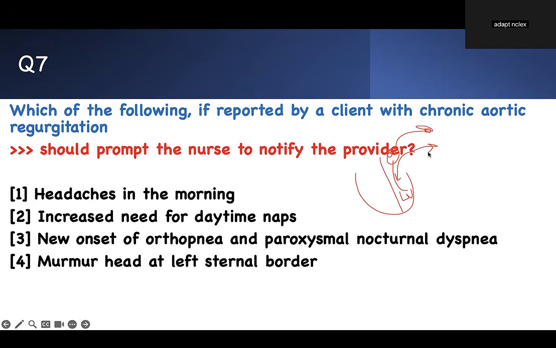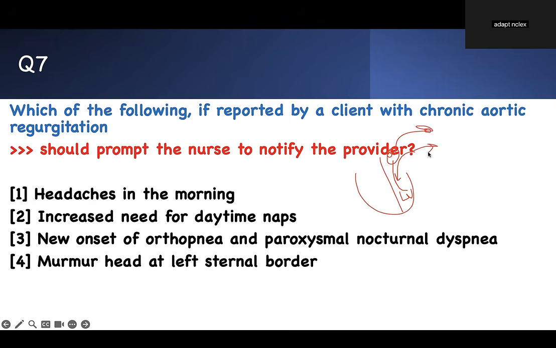It's a chronic condition. When you have a chronic condition, there are certain symptoms you should see. This is the way to answer questions related to heart valve problems. I expect certain symptoms, but if I start seeing new things or worsening of those symptoms, that's my priority. Headache in the morning is not related to this problem, right?